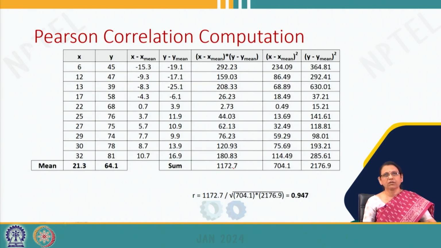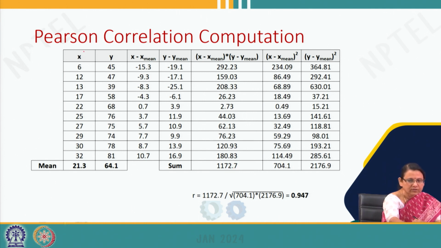This is the computation of the Pearson correlation coefficient. This is the first vector x, second vector y, and these are the means, the sum of all this divided by n. These are the values where the mean is subtracted from x and from y. Now, these values at the individual component level are multiplied and summed.